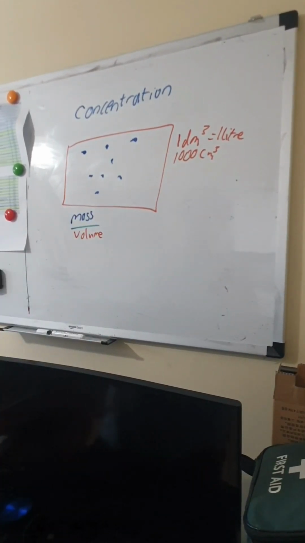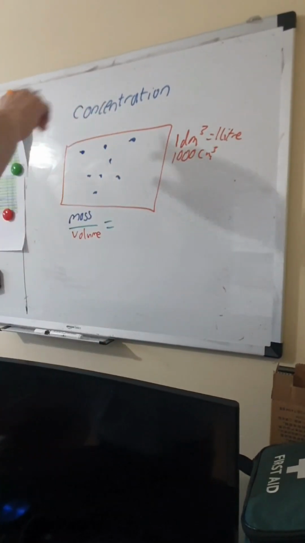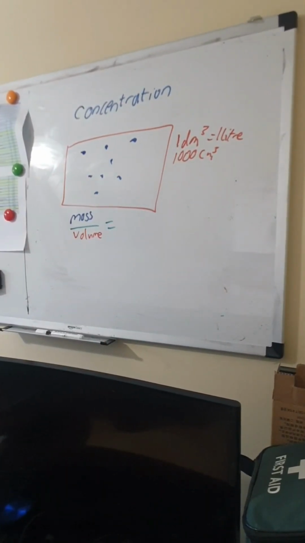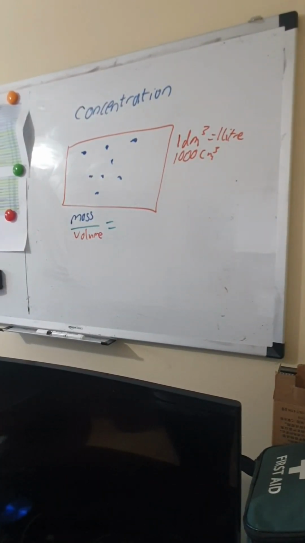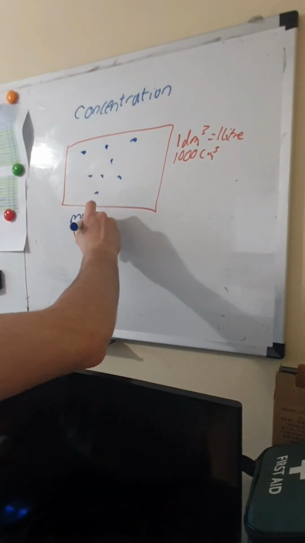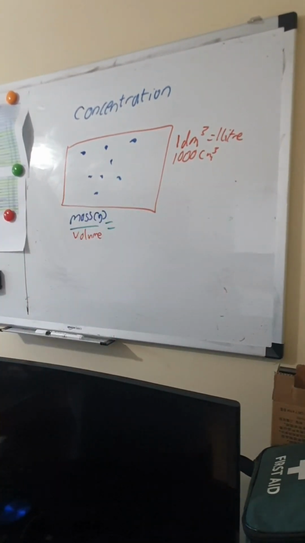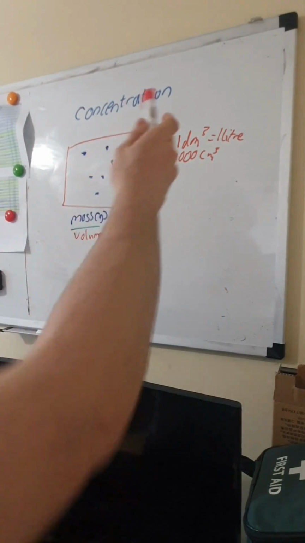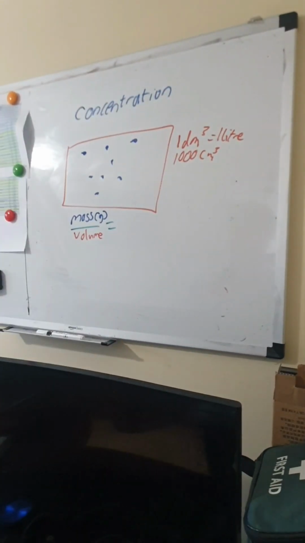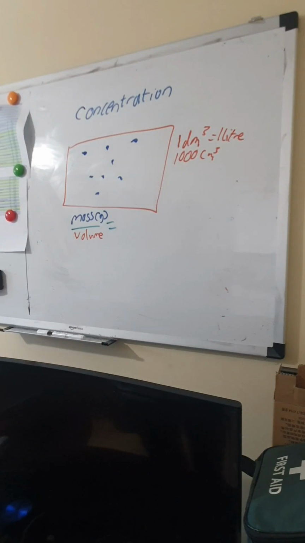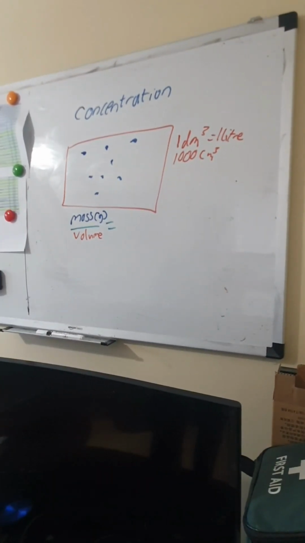That equals concentration, our big important word at the top. But we measure mass in grams and volume in decimeter cubed. It could be centimeters cubed in the question. Yes, it might ask you in the question with centimeters cubed, but the standard is decimeters cubed, okay?